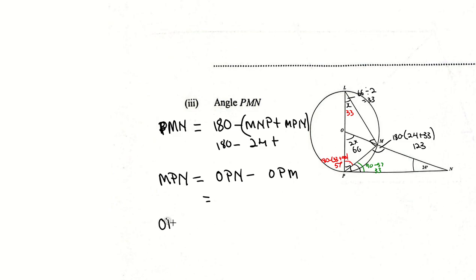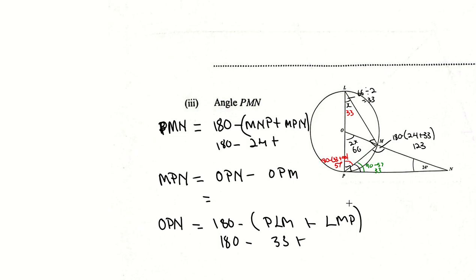Right? And then we know OPN is equal to 180 degrees minus PLM plus LMP. Because 180 subtract PLM, which is 33, plus LMP, LMP is 90, which we got to be 57. Right?